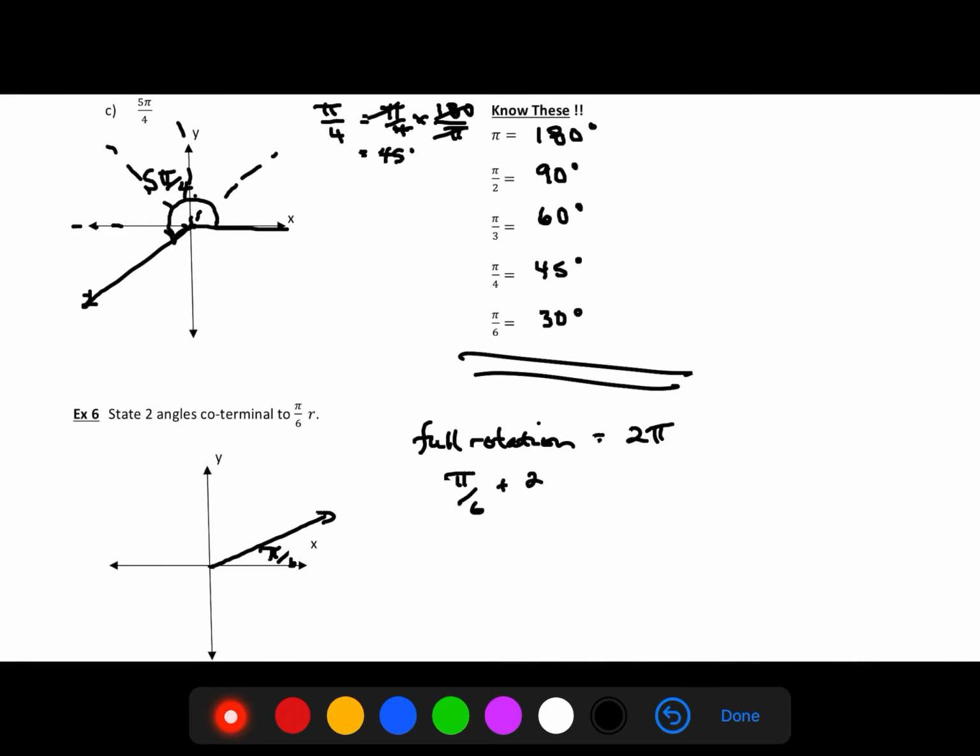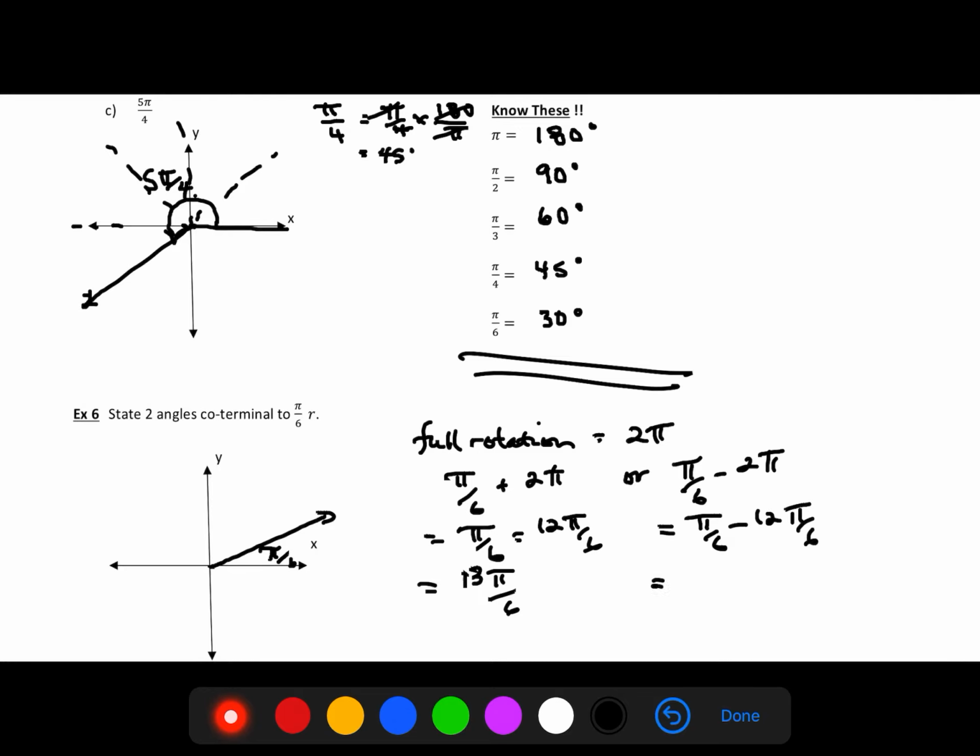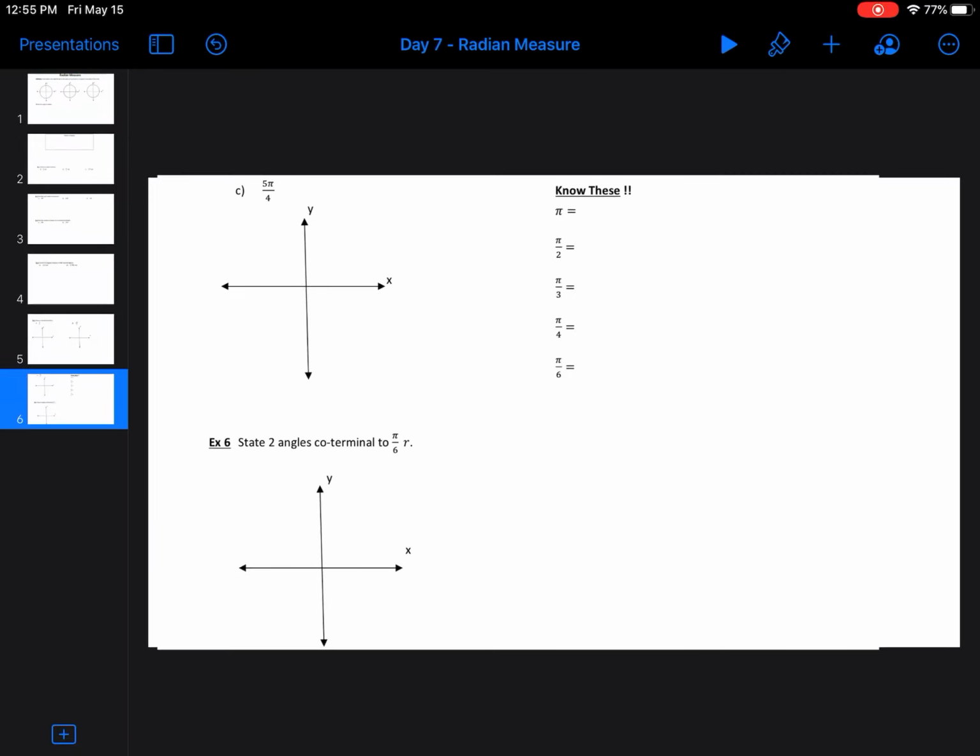So we're going to take our pi over 6 plus 2 pi, which when we get our common denominator, is pi over 6 plus 12 pi over 6, means that 13 pi over 6 is coterminal. We could also take away a full rotation, subtracting 2 pi, which means we're going to have pi over 6 minus 12 pi over 6. Another coterminal angle is going to be negative 11 pi over 6.